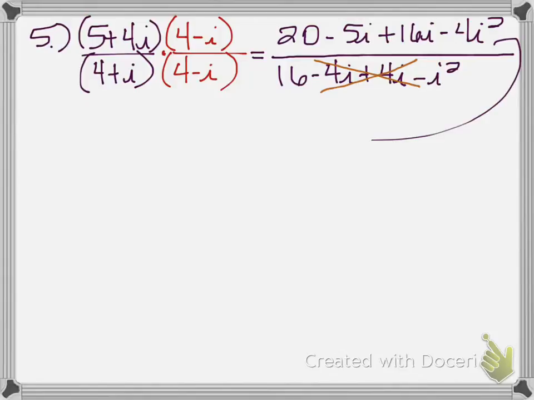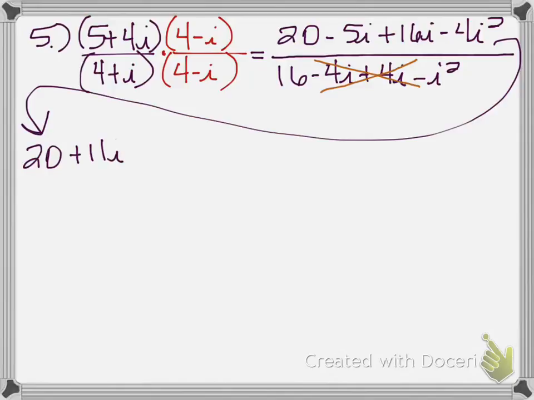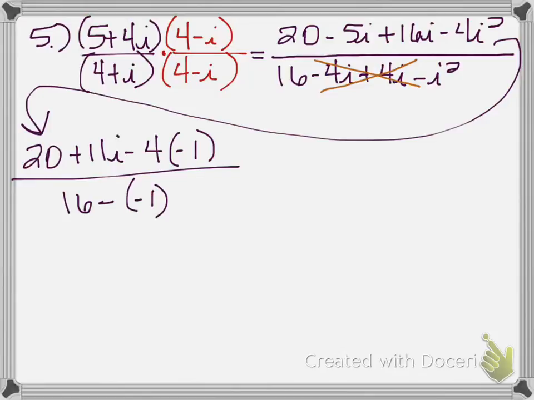So now let's go through and simplify what we can. In my numerator, I have like terms, my 2 middle terms, minus 5i plus 16i. So that's going to be plus 11i minus 4, and I'm going to go ahead and replace my i squared right now. And I have 16 minus i squared, so minus negative 1.